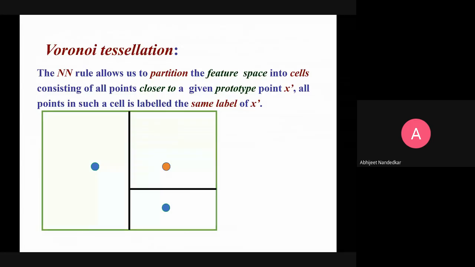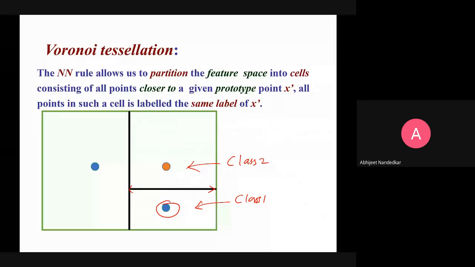We'll see that a new boundary is created like this, and that will be the boundary between two classes. So this side is class 2 and this side is class 1. So this new zone is formed due to this additional prototype.